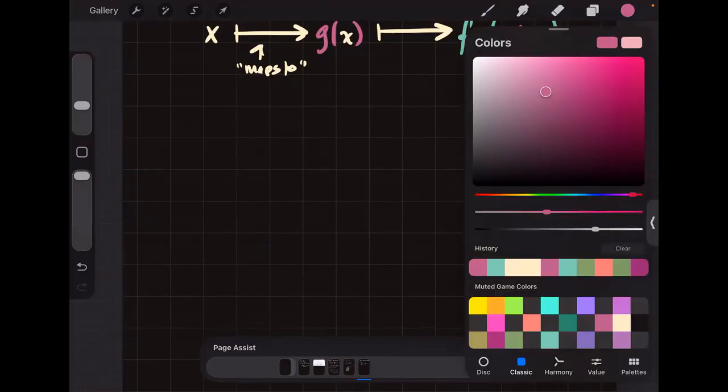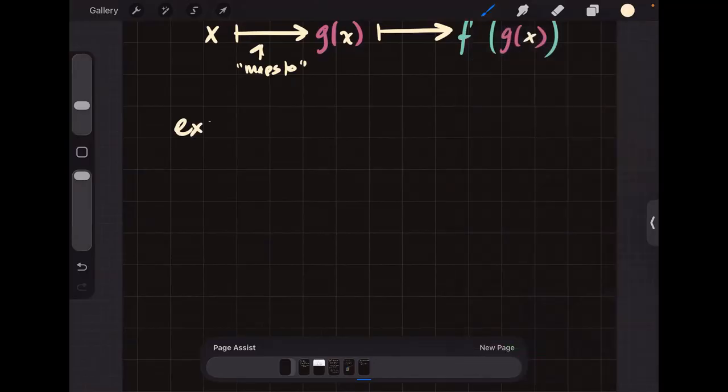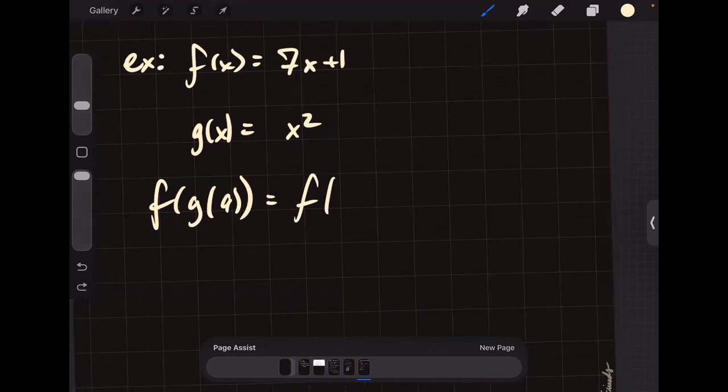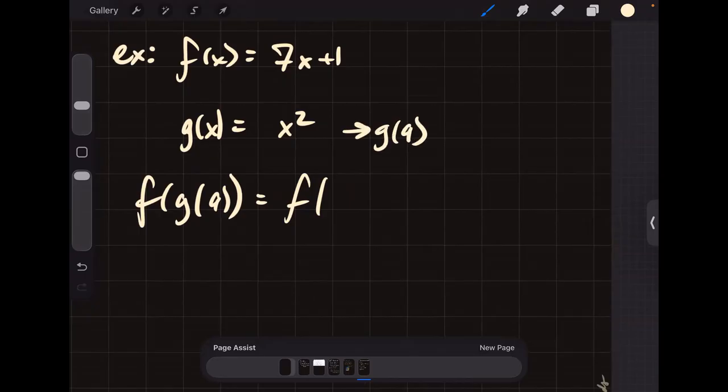So, for example, let's say f of x is equal to, I don't know, 7x plus 1, and g of x is equal to x squared, right? f of g of 9: what is g of 9? g of 9 is equal to 81.